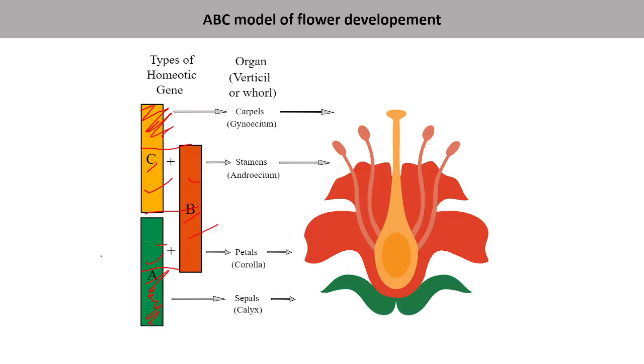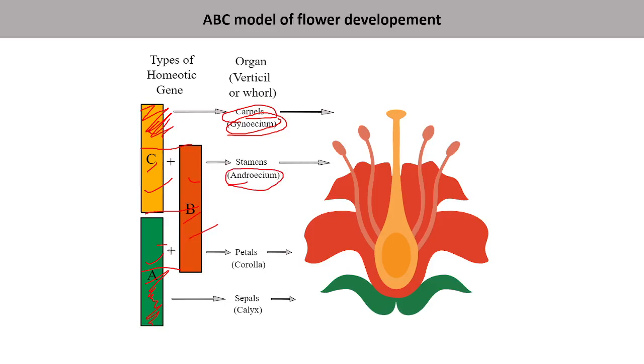What we understand from this figure is that when only the C gene is expressed, only the gynoecium, or the carpels, is formed. When B and C genes express together, the androecium of the flower is formed.